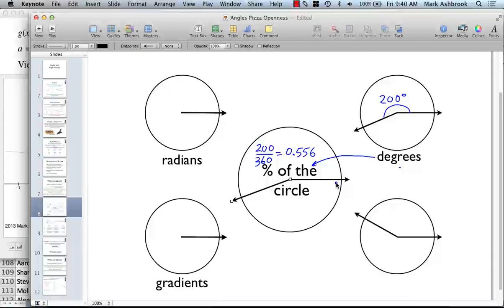Okay, so then from there, you got the percent of the circle. Radians is a piece of cake because you're going to take 55% of what? Right, take 55% of a full circle in radians. So we're going to take 0.55.